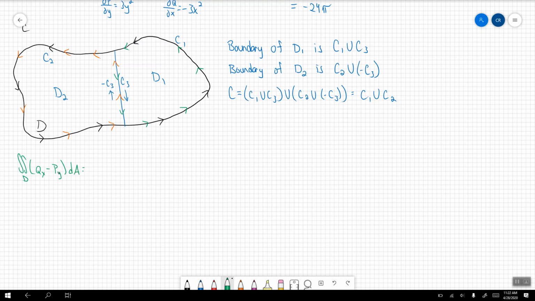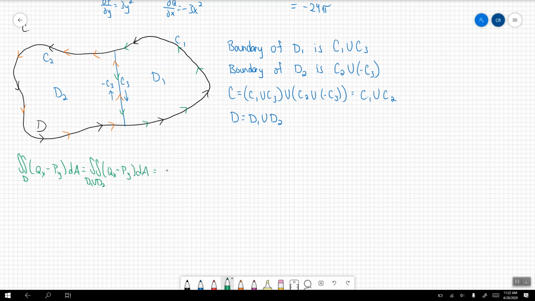In order to answer this, we can see that D is made up of two smaller regions. How do we work with that? We say this is the double integral over domain 1 union domain 2 of Q partial of X minus P partial of Y dA.